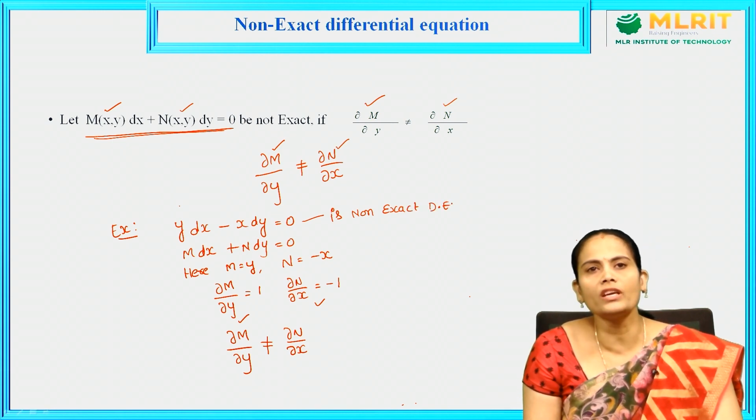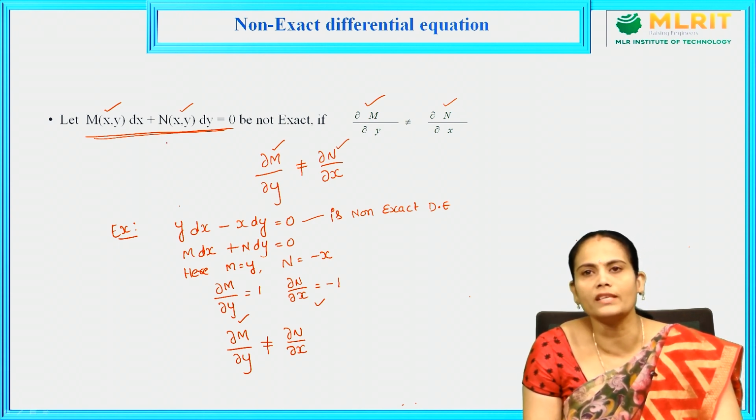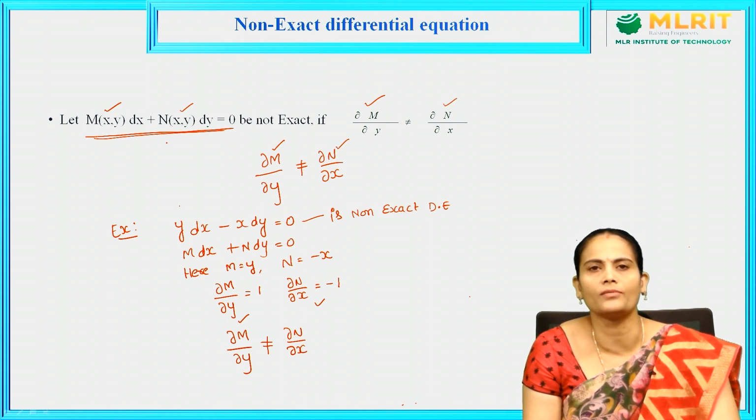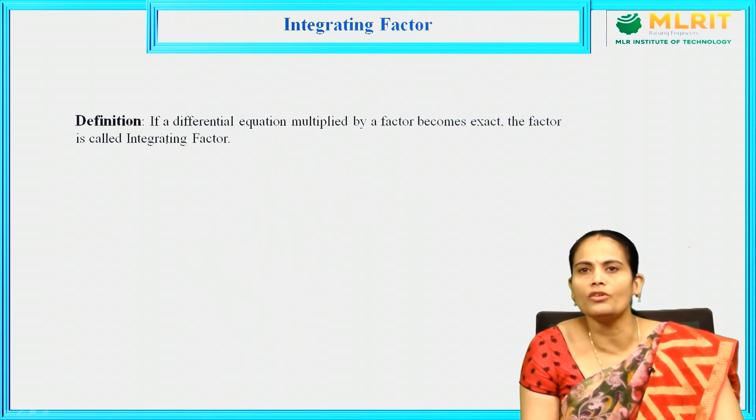Then how can we find the solutions of non-exact differential equations? First of all, you have to reduce the non-exact differential equation to an exact differential equation with the help of an integrating factor. So what defines an integrating factor? Now let me see the definition of an integrating factor.